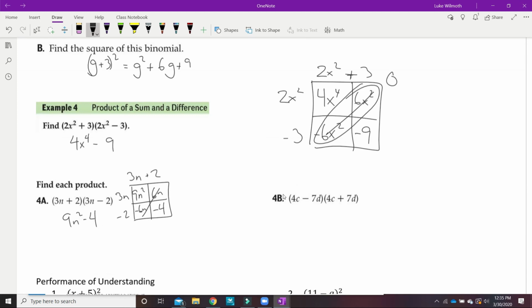At this point, pause the video, see if you can do this problem here, 4b. See if you can also do it without drawing the picture. See if you can pick up on the pattern. Okay, so the first term is 4c times 4c, which is 16c squared.